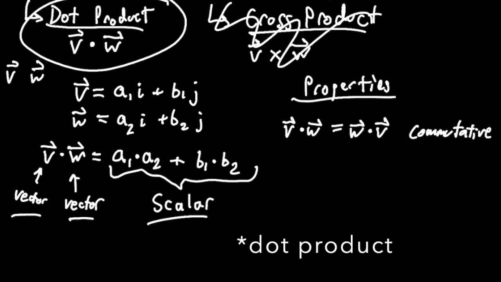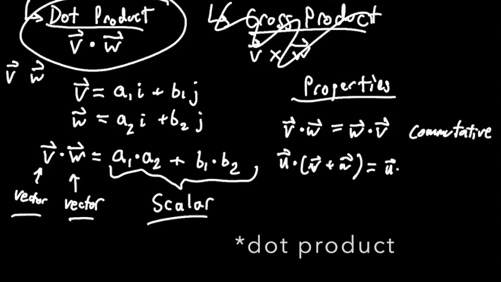A few others, the distributive property also works: u dot the quantity v plus w is equal to u dot v plus u dot w.